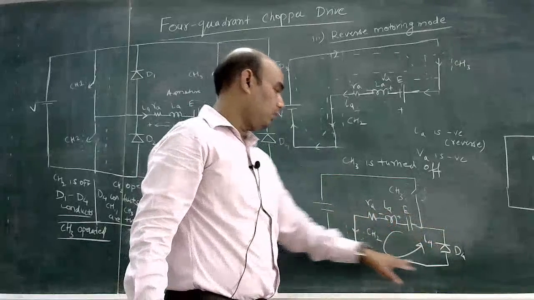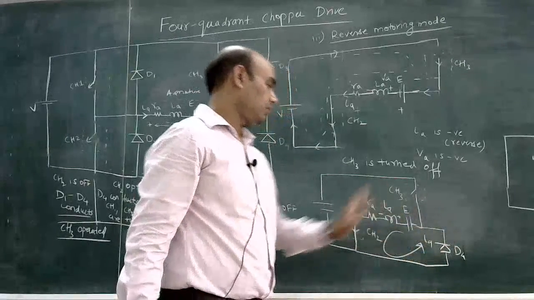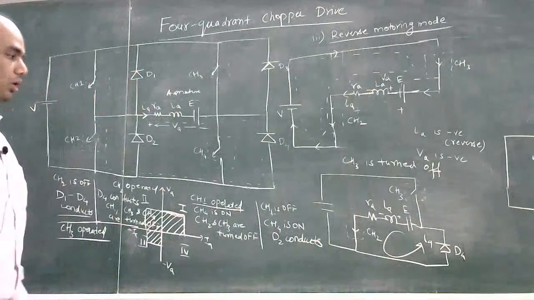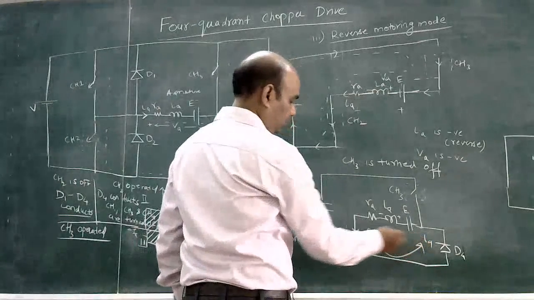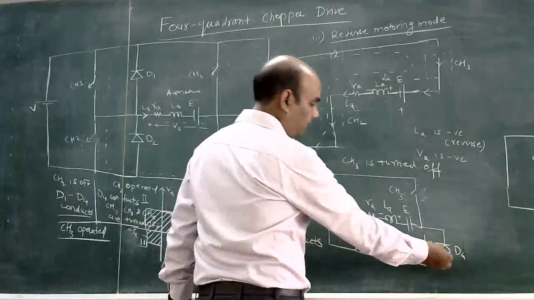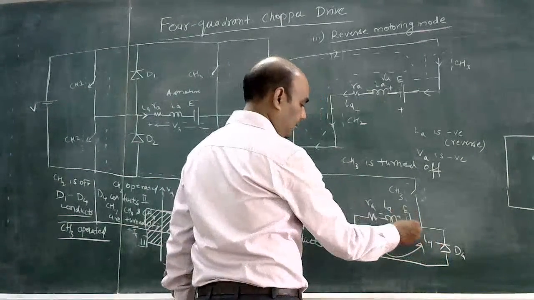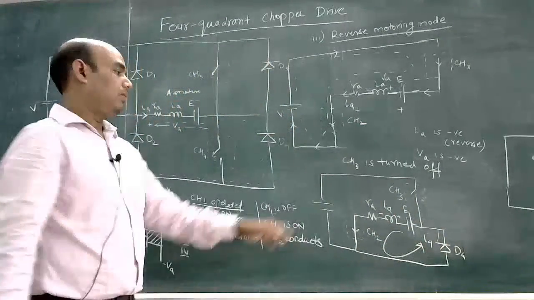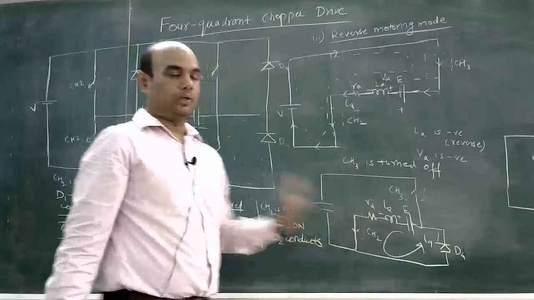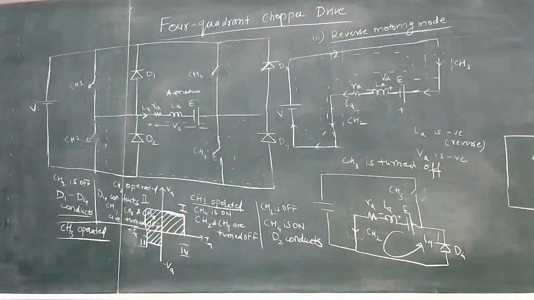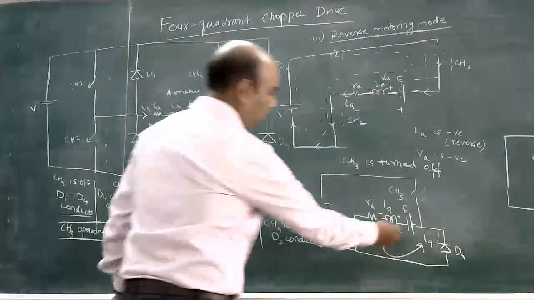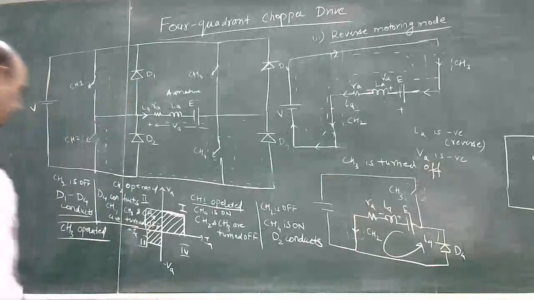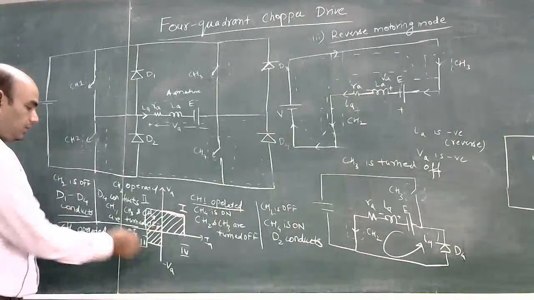This IA will flow from CH2, then D4, then E, then LA and RA. This will be the case when CH3 is off. Again here your IA is negative, so this will operate in third quadrant.